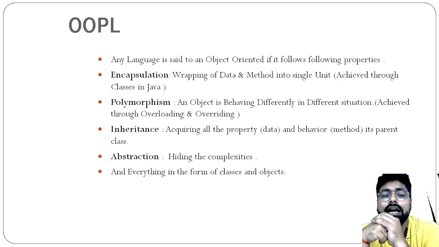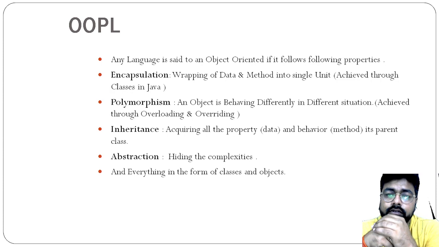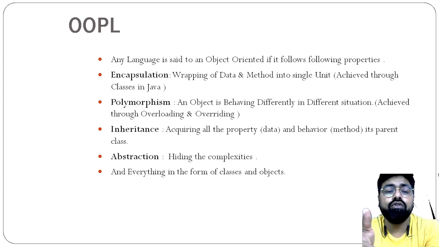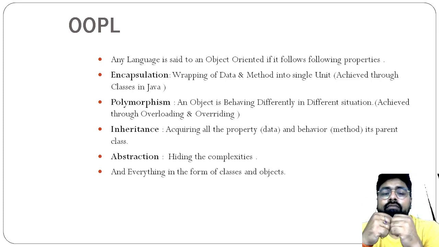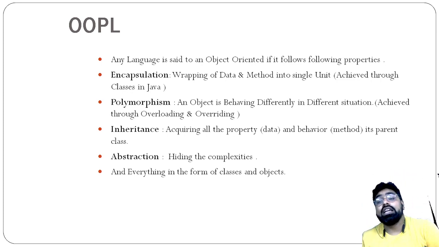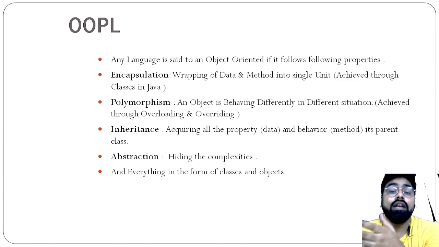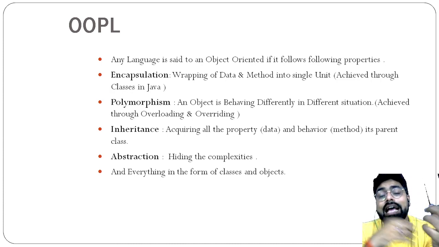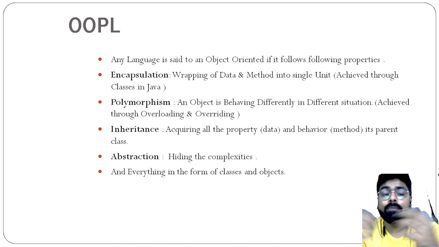Encapsulation: wrapping of data and methods into a single unit is called encapsulation. It is achieved through classes in Java. Polymorphism: an object behaves differently in different situations, achieved through overloading and overriding. Inheritance: acquiring all the properties, data as well as behavior, from its parent class.